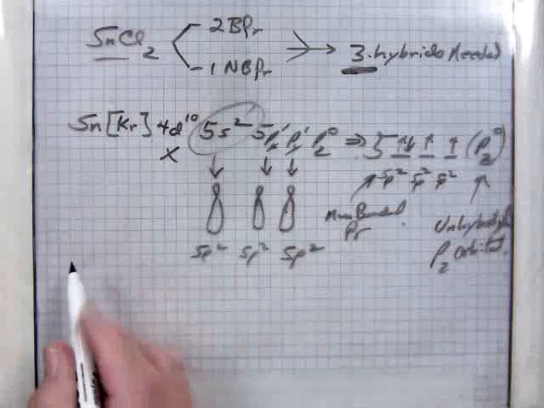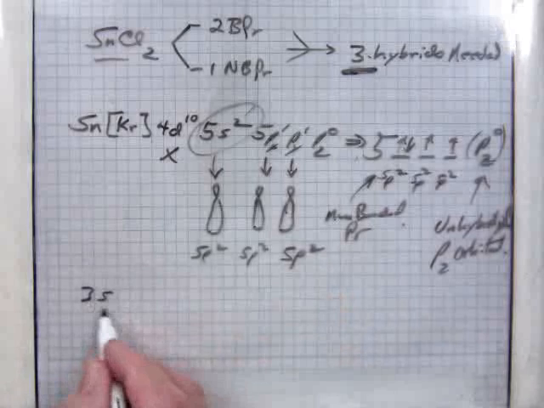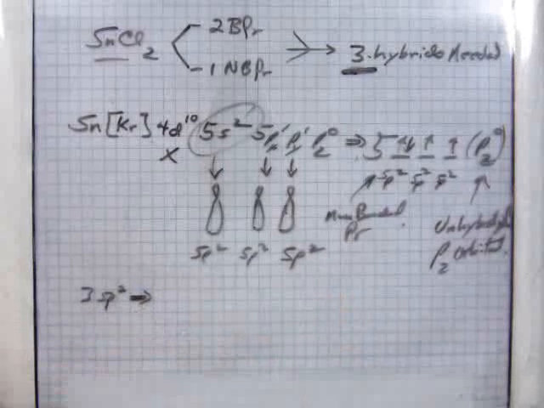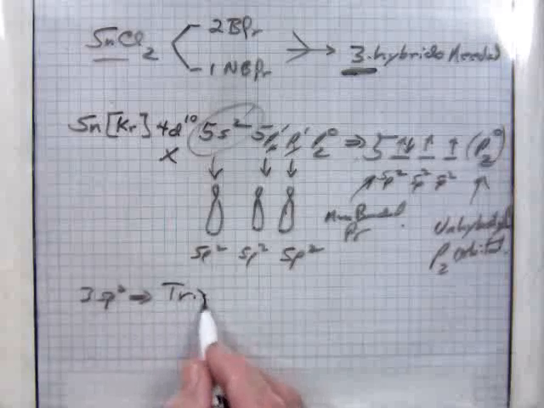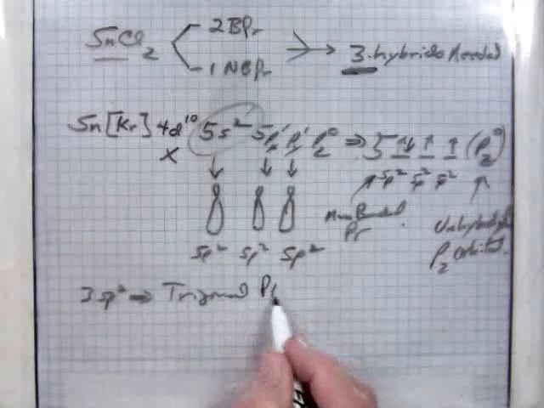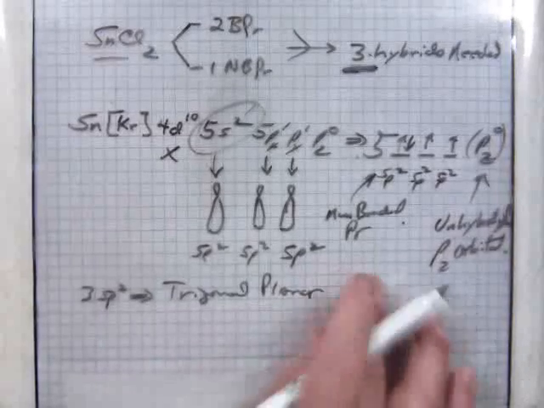So when you have 3 sp2 hybrids, it will give you a trigonal planar geometry, or parent.